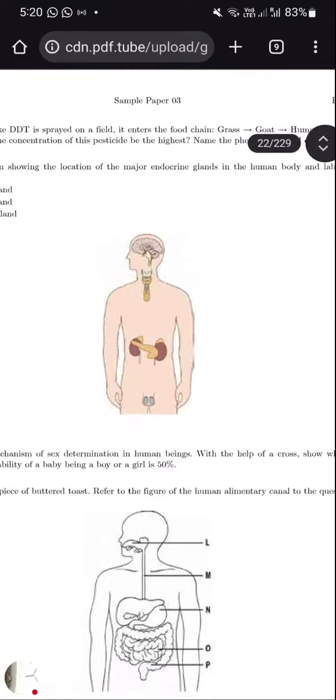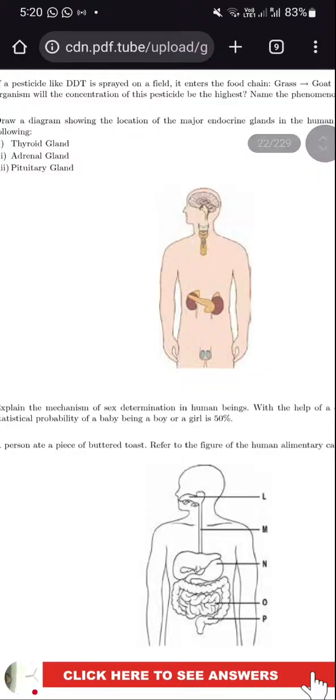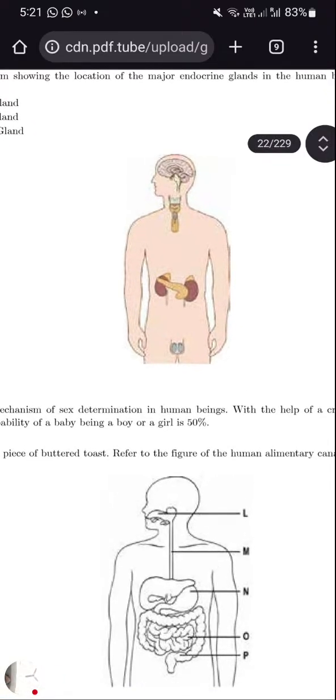Now here you need to locate the glands. First one is the thyroid gland. What is the position of the thyroid gland? Say the position. In the neck region, you can see that white colored portion. There you will label the thyroid gland. Next is the adrenal. Where is the adrenal present?